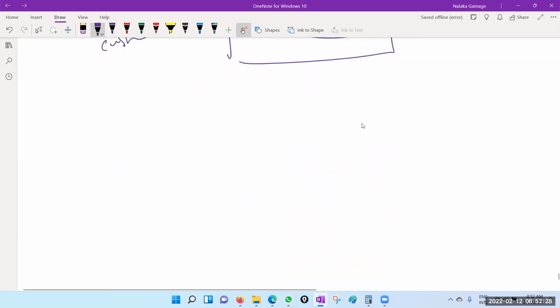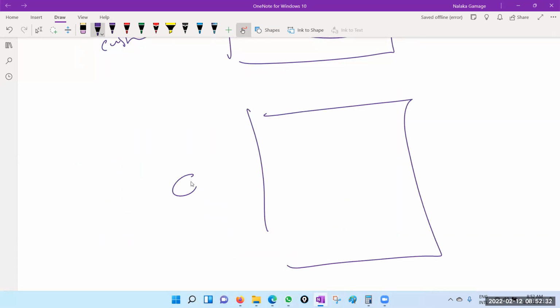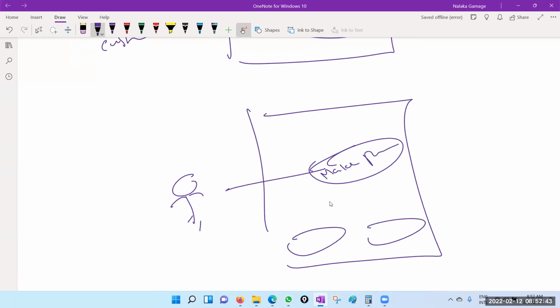And finally, there's another possibility. Say this is your main use case, say make payment. Maybe that make payment can be either make check payment, make card payment, or make cash payment.